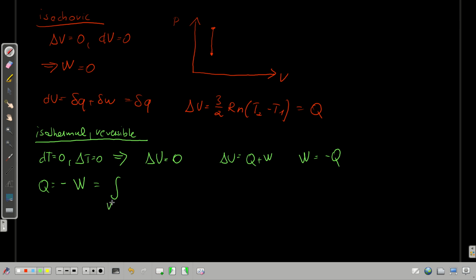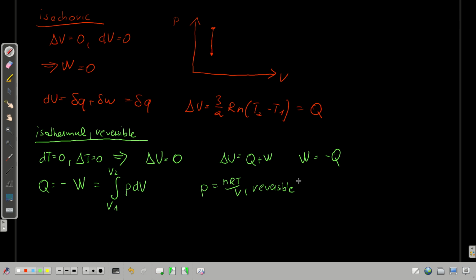It is the integral evaluated between V1 and V2 of PdV. P would be again generally the external pressure, but since we have a reversible process, P equals nRT over V, because it's reversible.